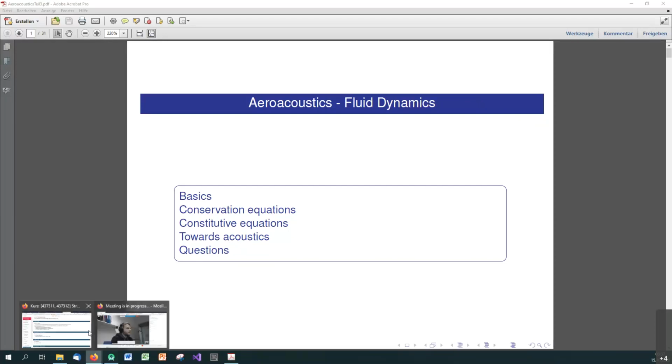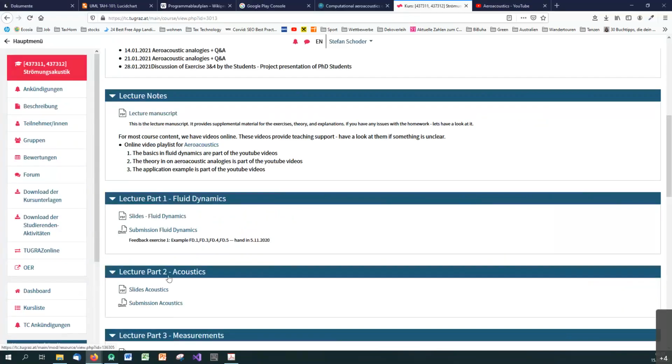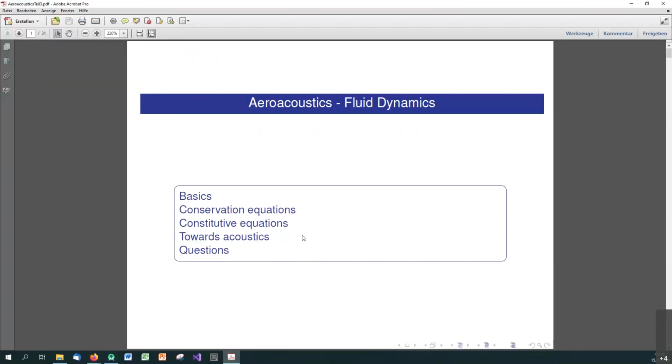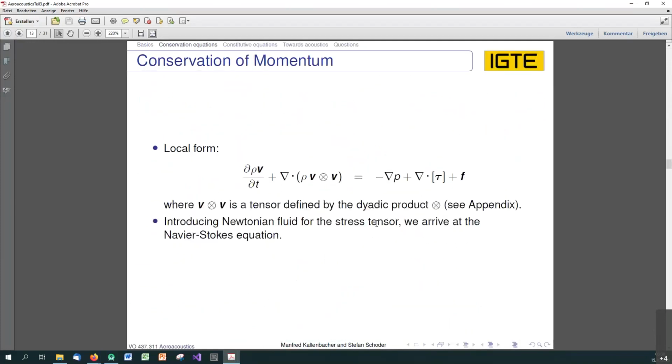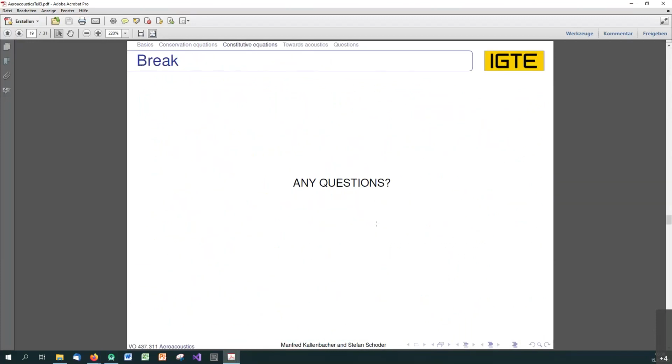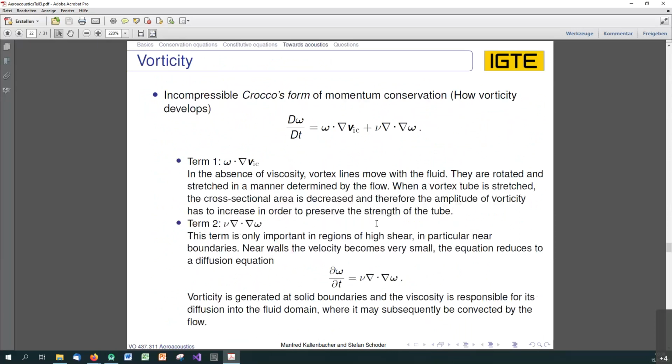Probably we start with the questions you will have to answer for the hand-in assignment: Fluid Dynamics 1, 3, 4 and 5. At the end of the whole chapter, there are the questions.